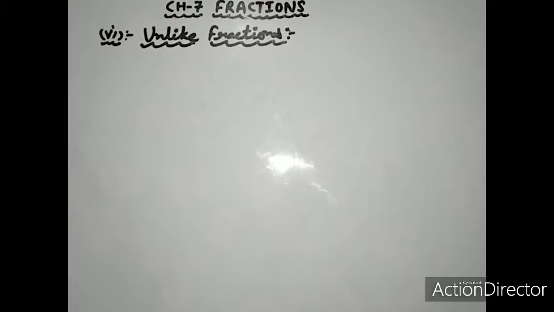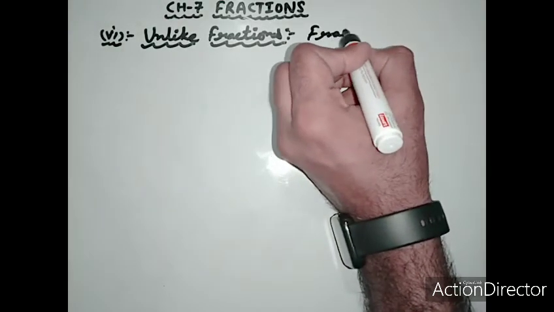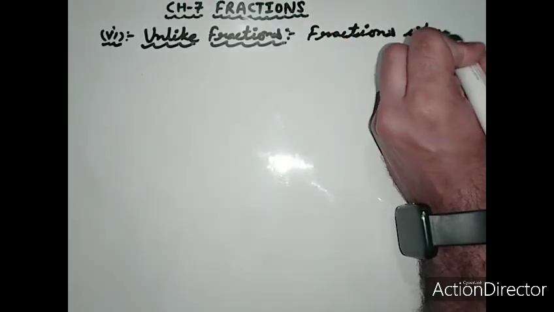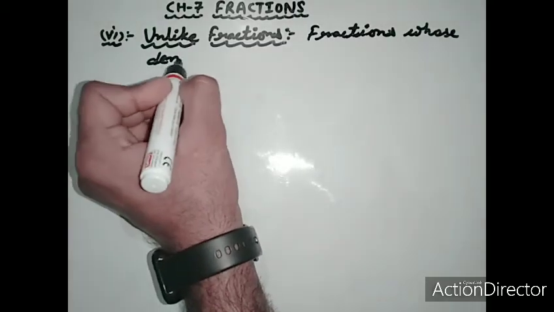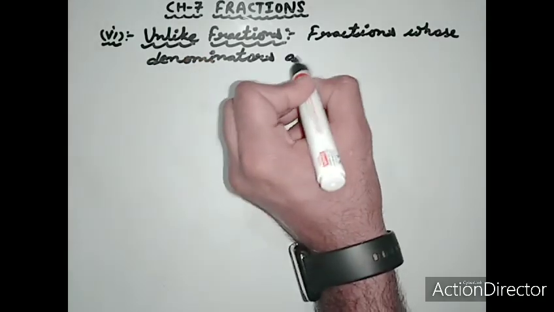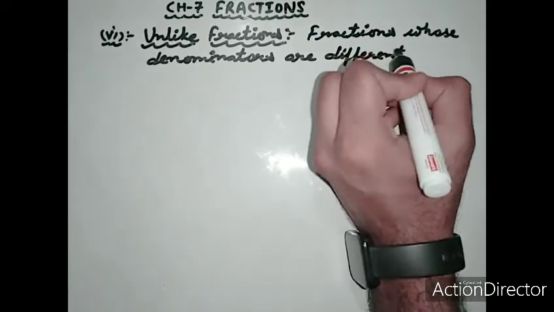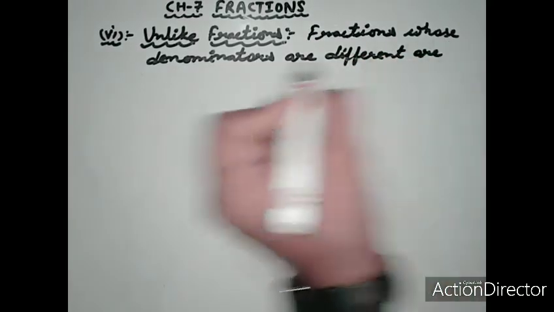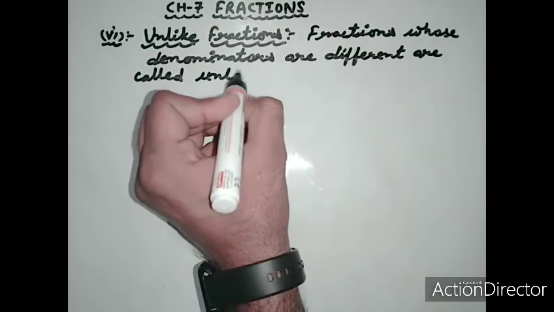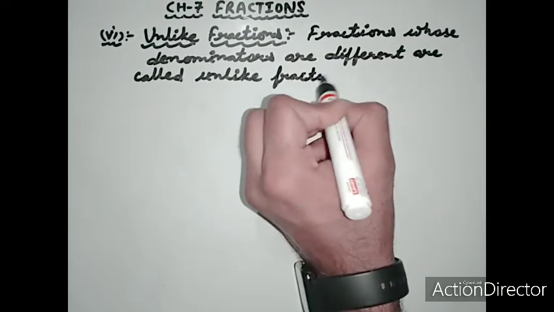So here we write: fractions whose denominators are different are called unlike fractions.